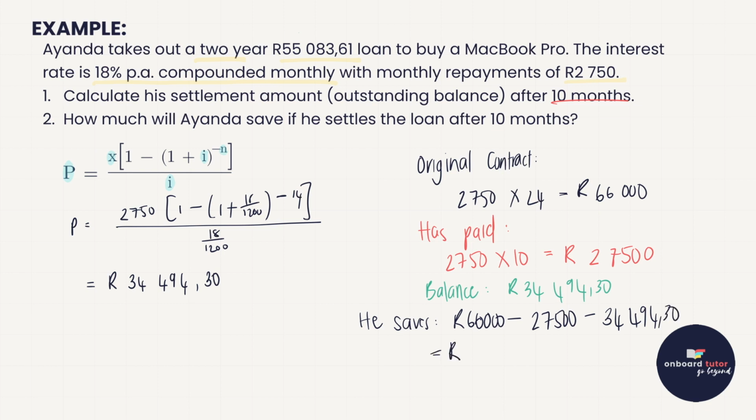Let's see what's left that he would have paid as part of the 66,000 Rand, but now won't be paying. Okay, if we pop that in on our calculator, we get an answer of 4,005 Rand and 70 cents. Okay, so every bit helps. If he pays it off in a shorter period of time, he saves himself 4,005 Rand and 70 cents.